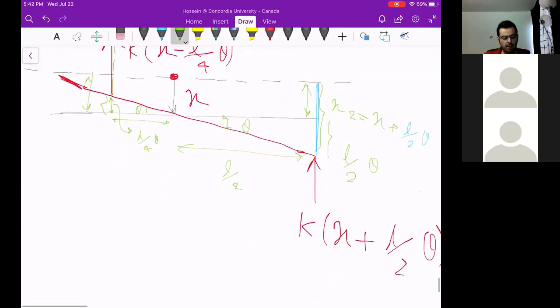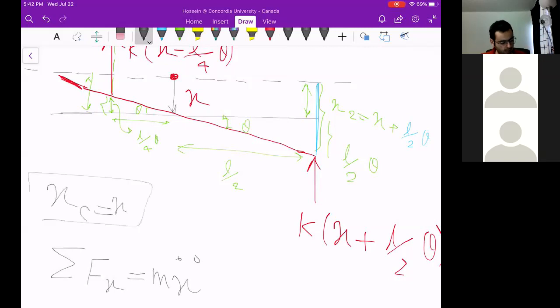So we have a linear independent motion and a rotational independent motion. At first, go for the linear independent motion: summation of forces applied in the x direction, our vertical motion, is going to be m x double dot, where x is just the displacement of point C. The positive direction is downward.